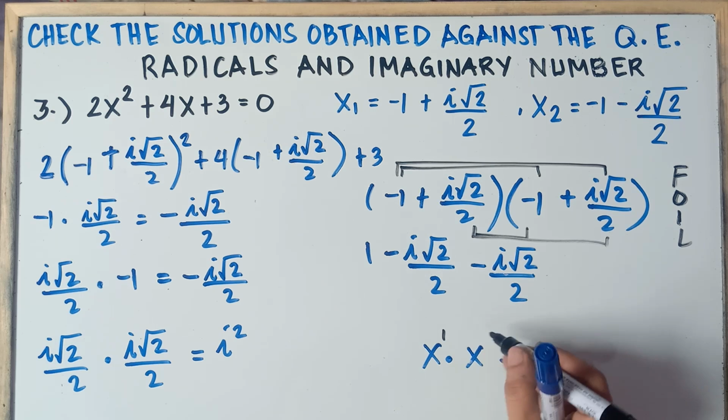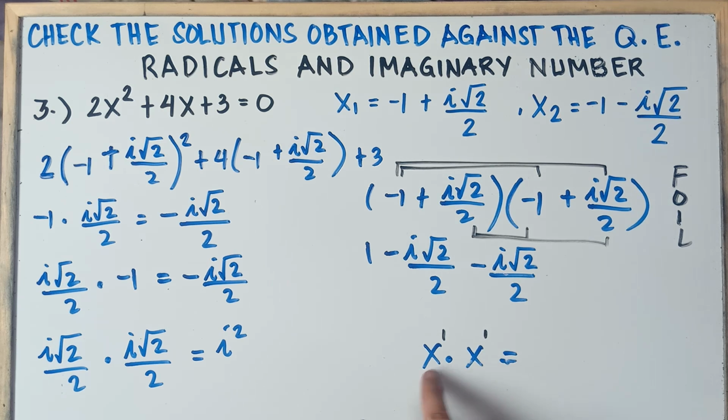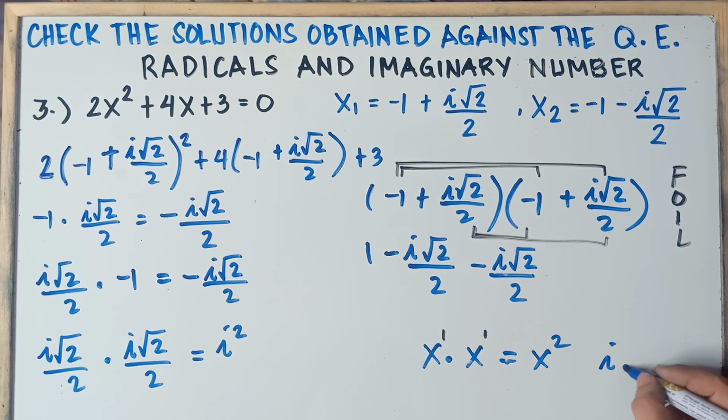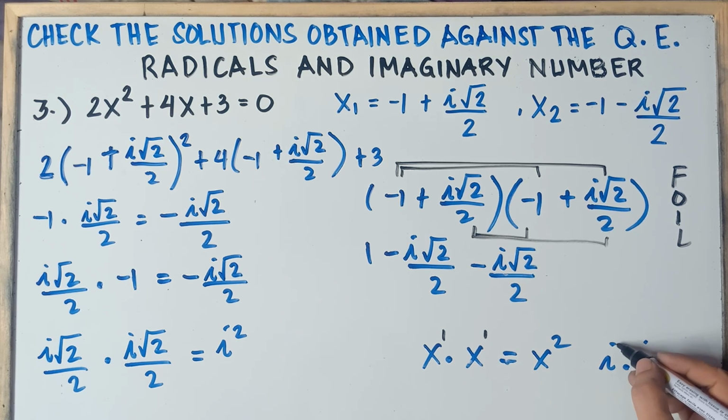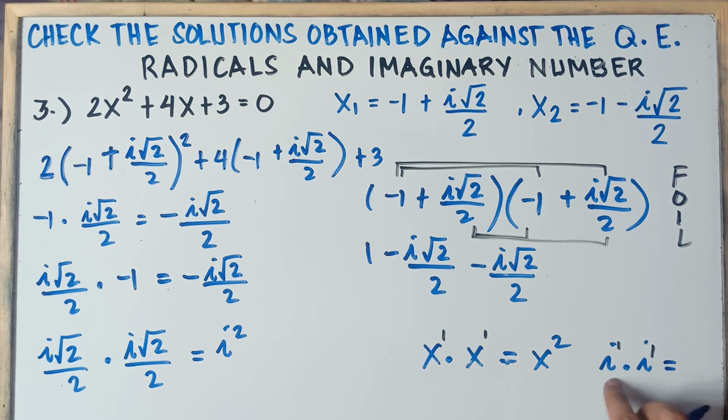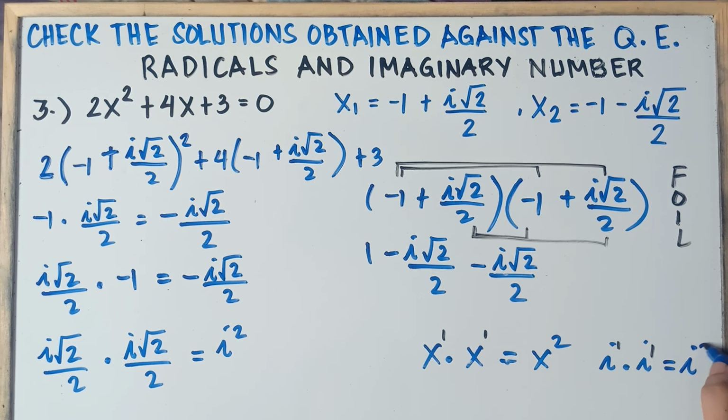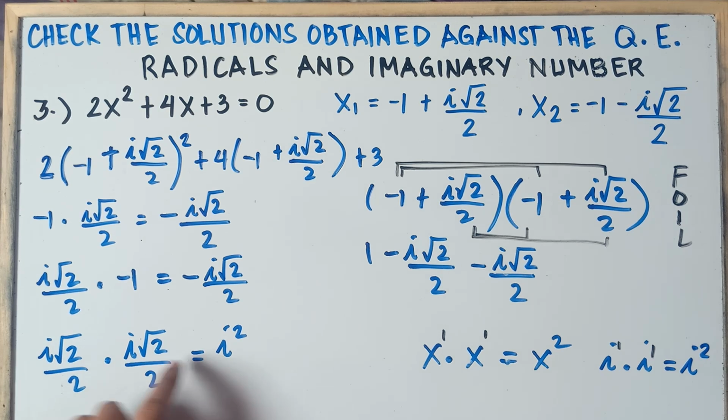Understood that there's a 1 here for the exponent. Same base, same x, copy x, then you add the exponents, 1 plus 1, that is 2. So therefore, i times i, understood the exponent there is 1. Same base, same i, copy i, then 1 plus 1, that's 2. That's why i times i is i squared.